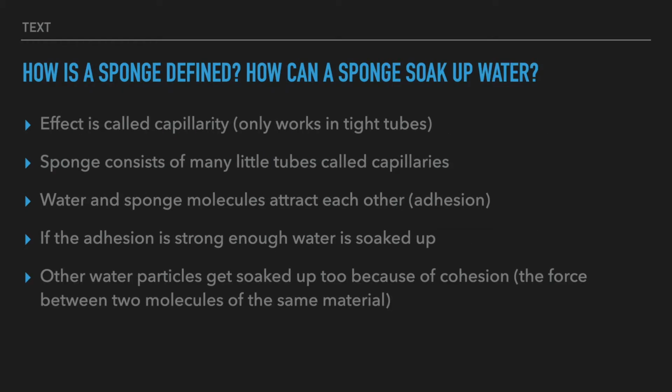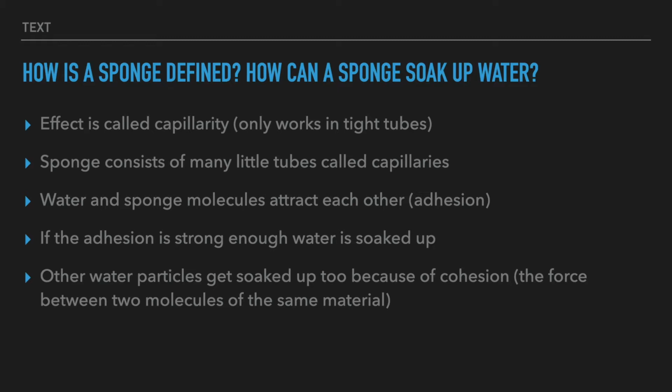So, at first, how is a sponge designed? How can a sponge soak up water? Well, the effect is called capillarity. It only works in tight tubes where the water slowly rises. The sponge consists of many little tubes which are called capillaries. Water and sponge molecules attract each other. The attraction between two molecules of not the same material is called adhesion.